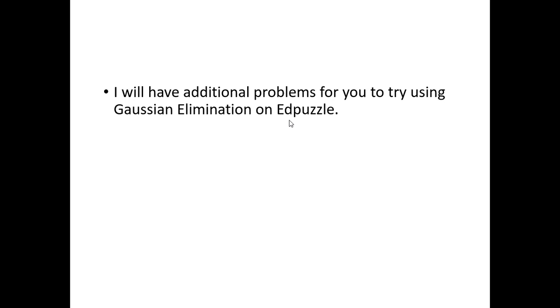Again, there is no way for me to see what you're doing in regards to the practice. So, if you are having difficulty and you want me to see your work, take a picture of it and put it onto Google Classroom as a message to me, so I can see what you're doing wrong if you're having trouble getting to your answers. So, maybe I'll put the answers in there too to give you a hint.